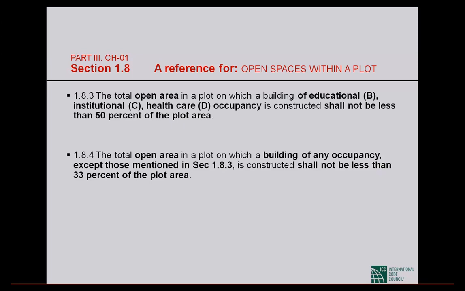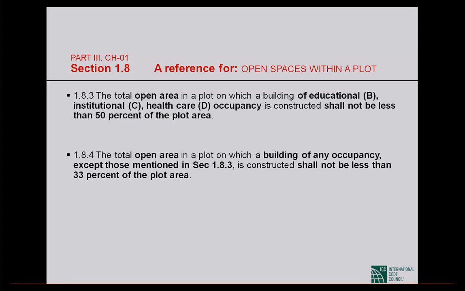So particularly it restricts the building volume, area of the building, and the open space is defined here. At least 50% of the total site area must remain open for these three particular occupancies.